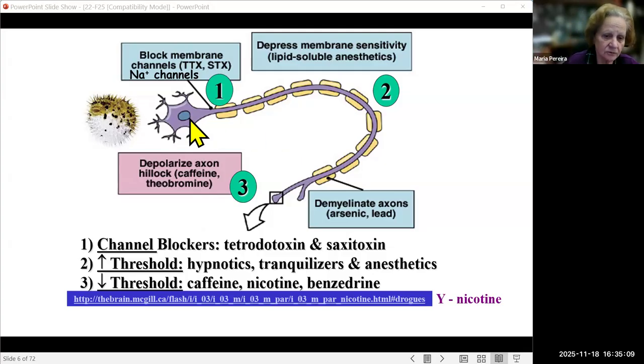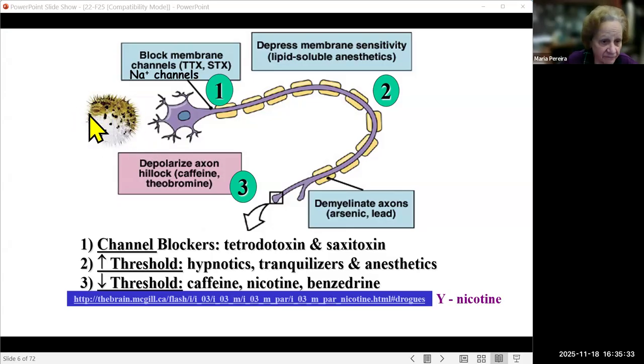So these are all chemical ways of altering the conduction of the action potential. Some chemicals can block the sodium channels. We talked already about Novocaine. Well, there are these chemicals that are present in the pufferfish.